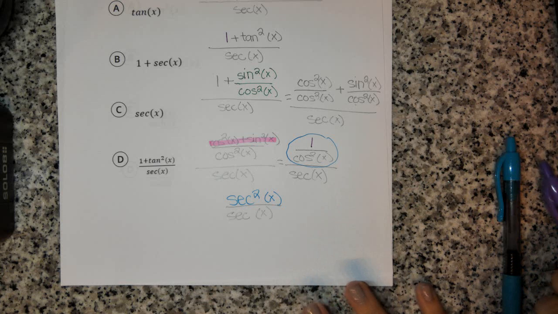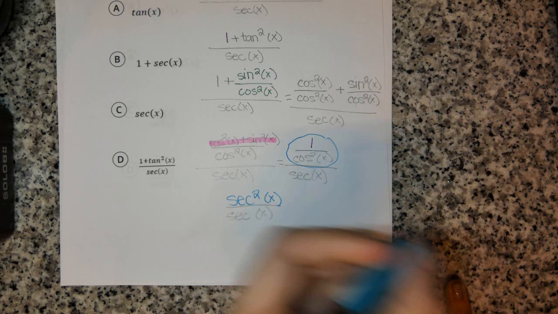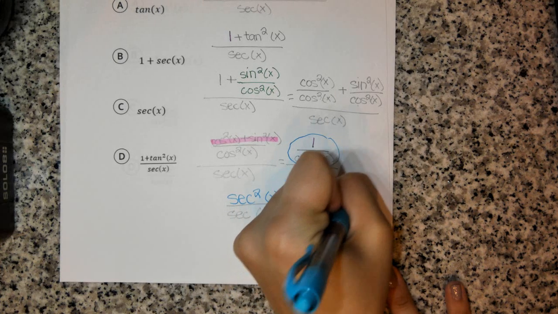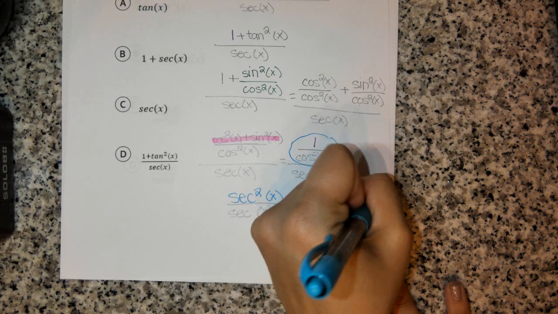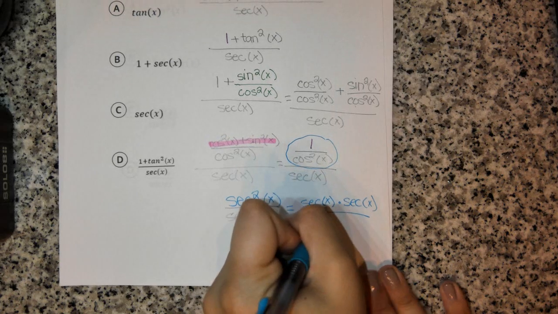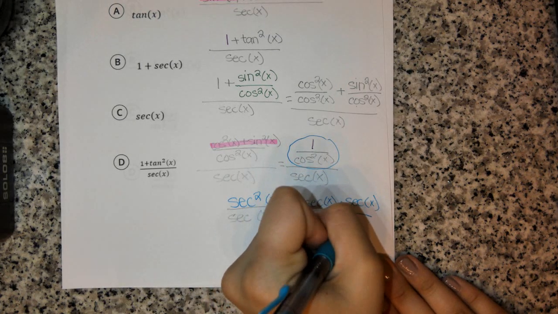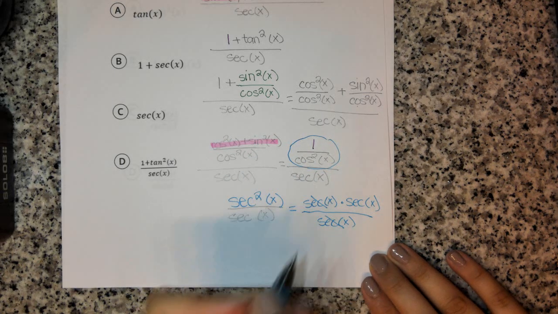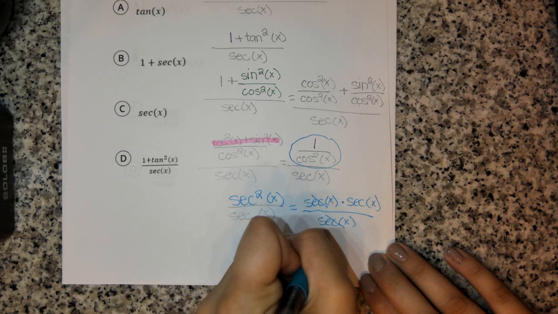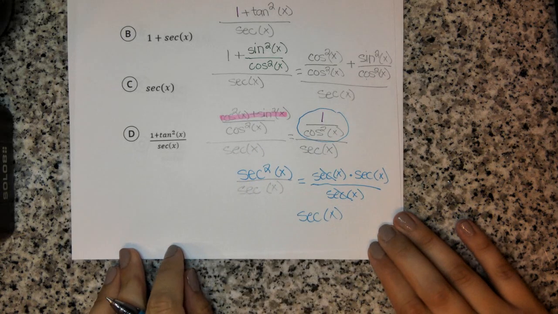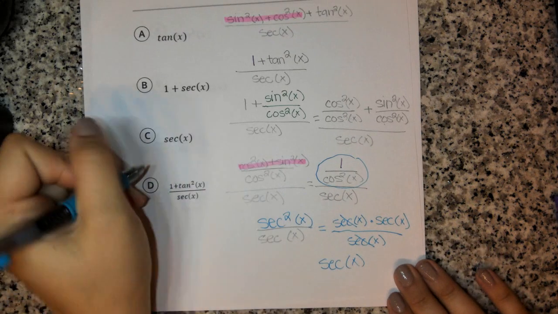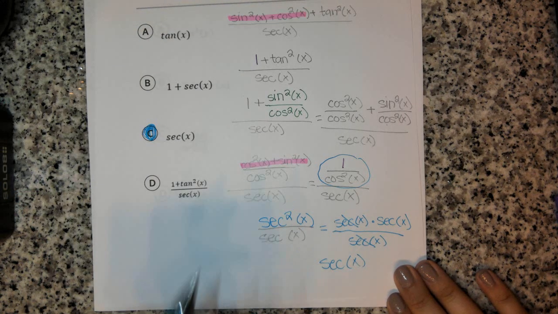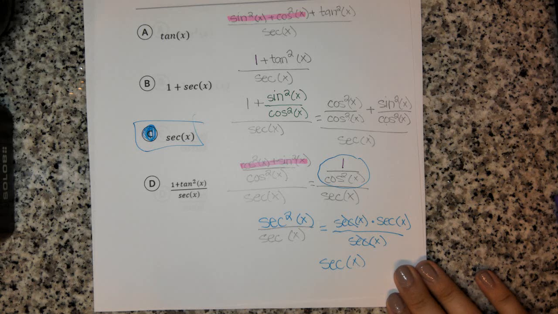Well, secant squared of x can be expanded as secant of x times secant of x, and we're dividing it by secant of x. So one secant cancels out a secant on the bottom, and I'm just left with secant of x. So my answer is answer C. Okay, so this is my answer right here. I know, it's a lot of work.